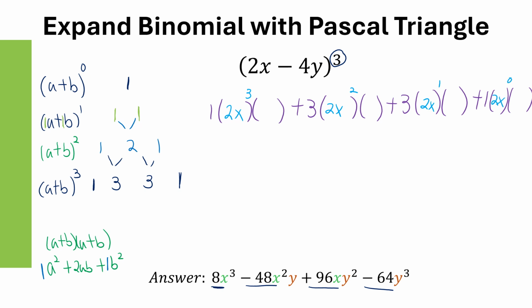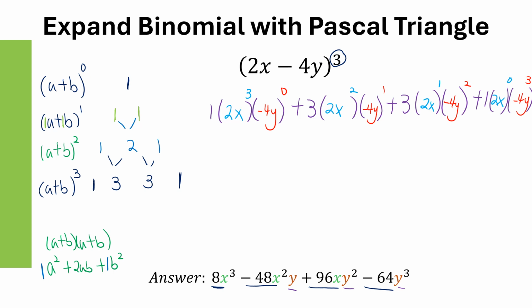And for the second term, you start with the lowest exponent, which is 0, and then it goes up by 1 each time, as you can see for the y here. So I'm going to have negative 4y raised to the 0 power, and then next one the first, then the second, and then negative 4y raised to the third power. And as you can see, the sum of the exponents in each term is always going to be 3.